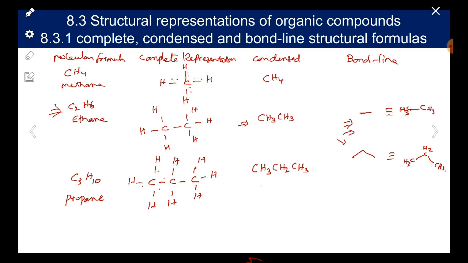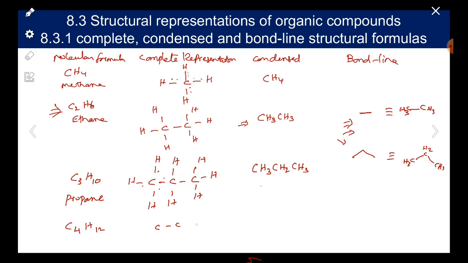Okay, let's go for one more example, out of the book. Let's say C4H12. Okay, so there are four carbons, right?